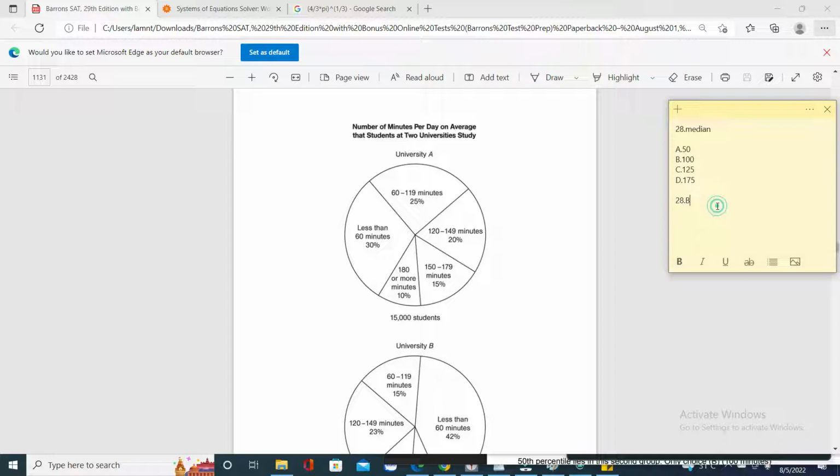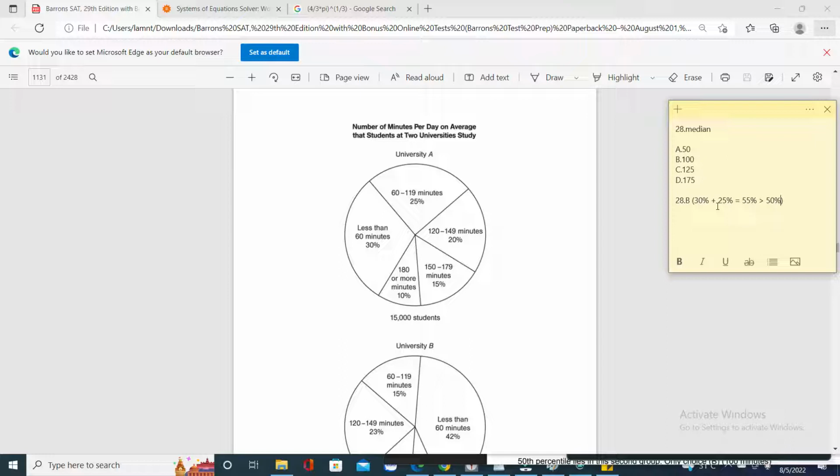Because this has already passed half of the data points. The first two sections have already passed 50%: 30% plus 25% is 55%, and that's bigger than 50%.